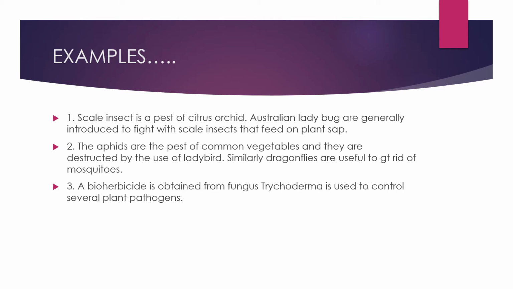You will get in the further slides how these are beneficial to us. And the third example is bioherbicide, a kind of herbicide obtained from the fungus Trichoderma, which is also used to control several plant pathogens.